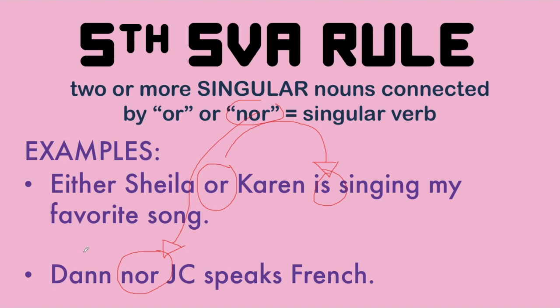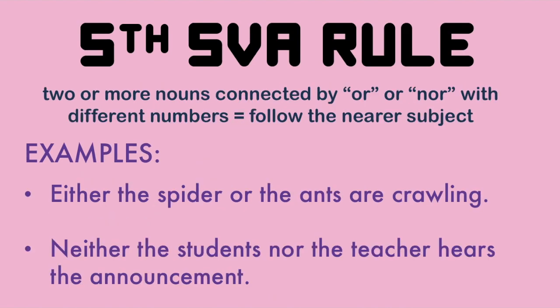Therefore, we use a singular verb. Remember, to transform a verb to its singular form, it's the opposite way of how we do it with nouns. So we add S to make a singular verb. Alright? Okay, so I believe that this is part of the 5th SVA rule.